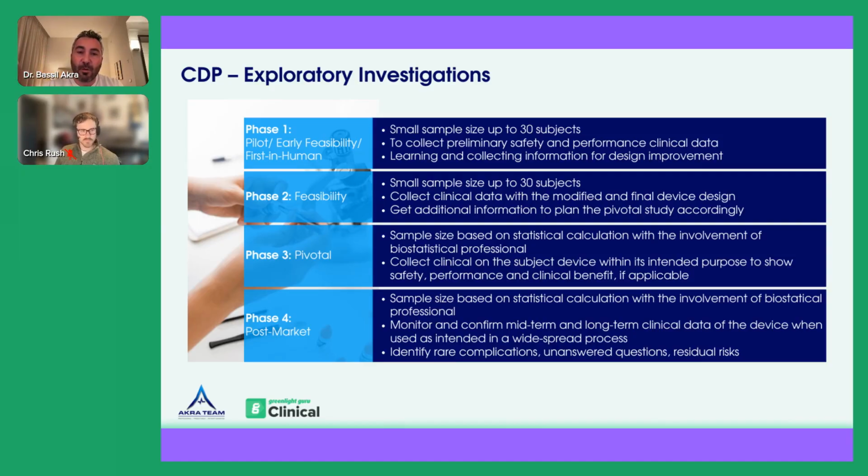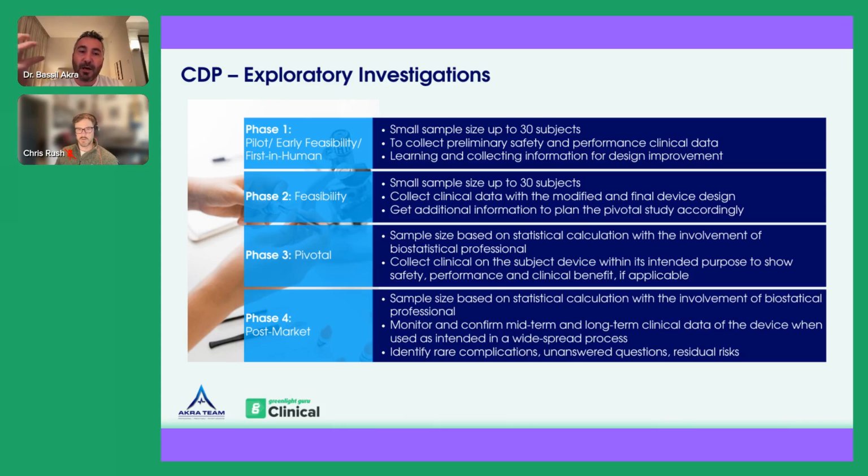You need to consider, what am I looking for, and follow a strategy which allows you over a long term to collect the data in a way which enables you to justify by the end your conclusion that the device is safe and performing as intended. And just then you have a good strategy.